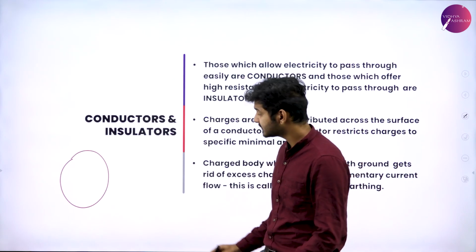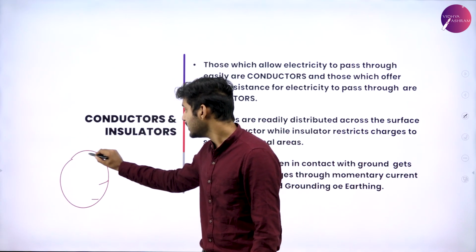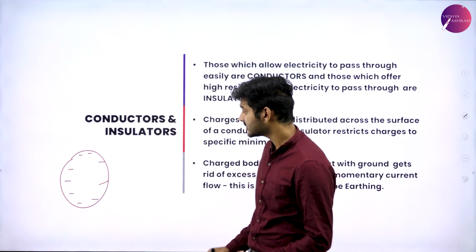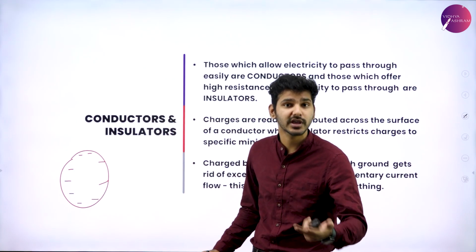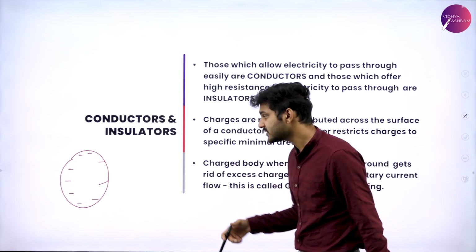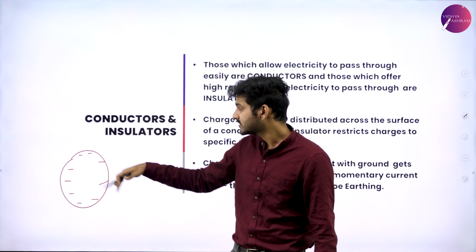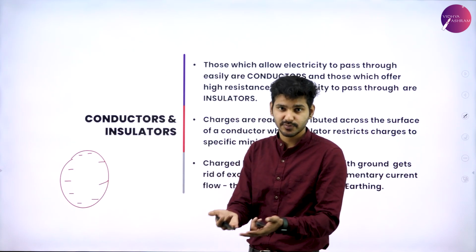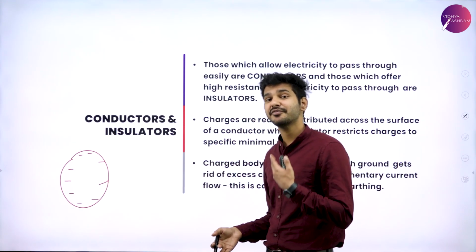So there are materials which have free charges roaming around their surface, and there are materials which do not. Materials which have free charges, free to move about on the surface, are known as conductors because they can conduct electric current very easily.